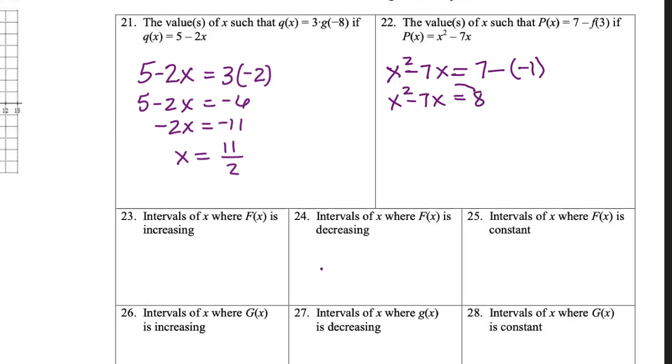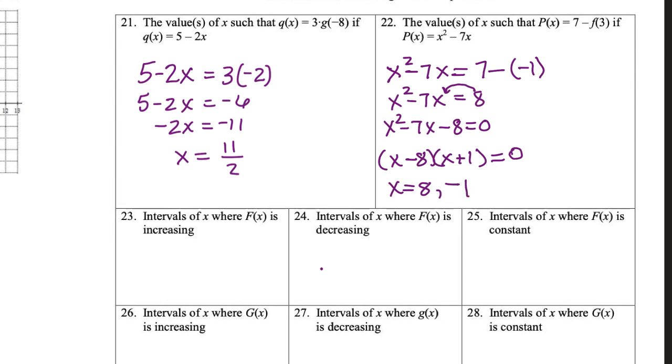Now we're going to move our 8 over, so we have x squared minus 7x minus 8 equals 0. And then we'll factor that. We've got x and x. What can I multiply that gives me 8 and then subtract to get me 7? That's going to be a negative 8 and a positive 1. Setting each part equal to 0 and solving, x equals positive 8 or negative 1.